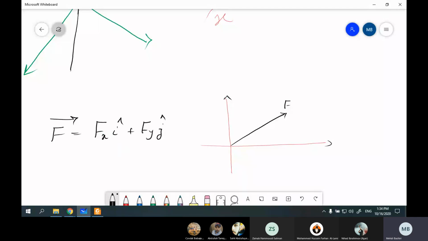What does it mean? It means you can decompose any forces, any vectors, like this.